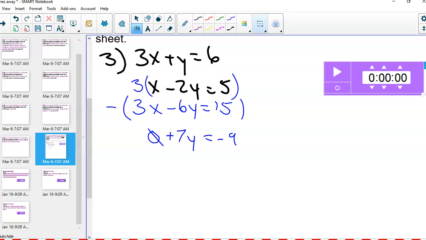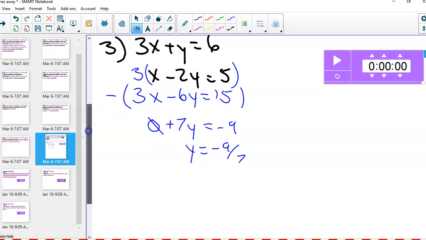So when we divide, we get negative 9/7, or some weird fraction or decimal. Then we need to put this back in and solve for x. So I'm going to put that in here.